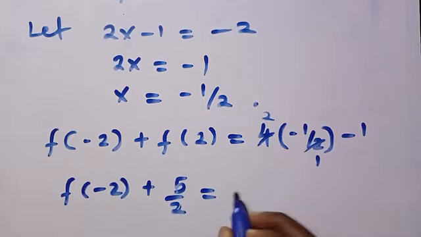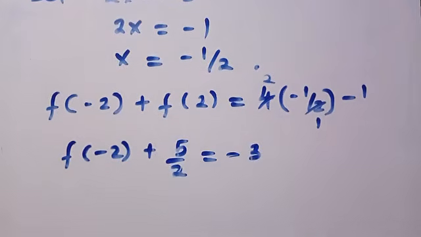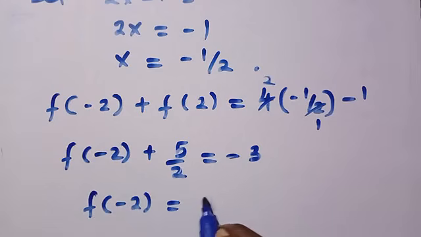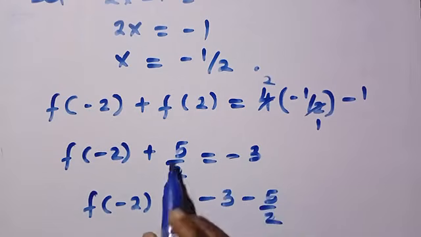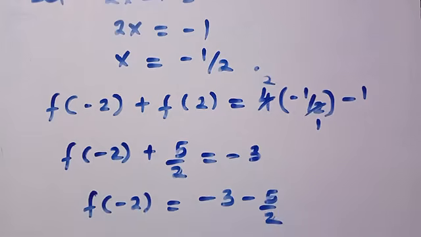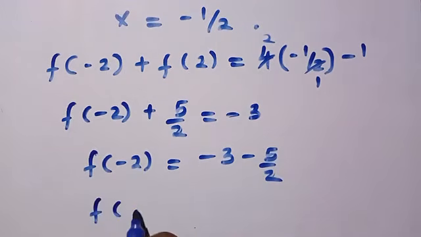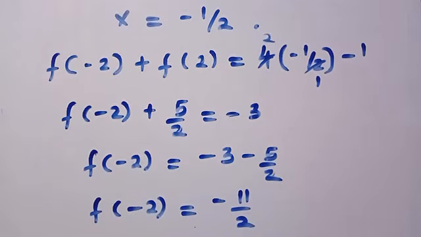Then minus 2 minus 1, we have it as minus 3. Therefore, f of minus 2 equals minus 3 minus 5 divided by 2. Taking minus 5 over 2 here, we have minus 5 over 2, and therefore f of minus 2 equals minus 11 divided by 2. This is correct for f of minus 2.